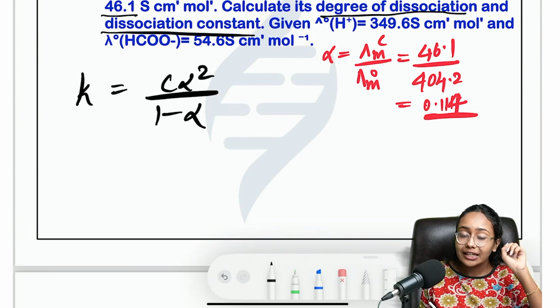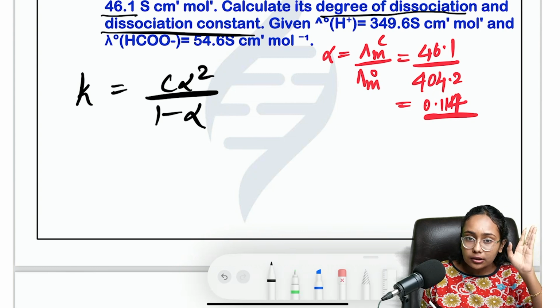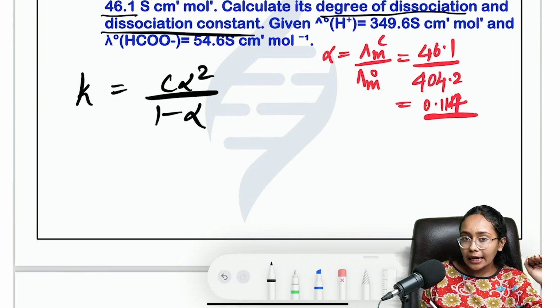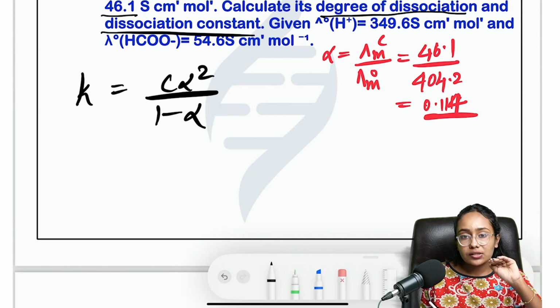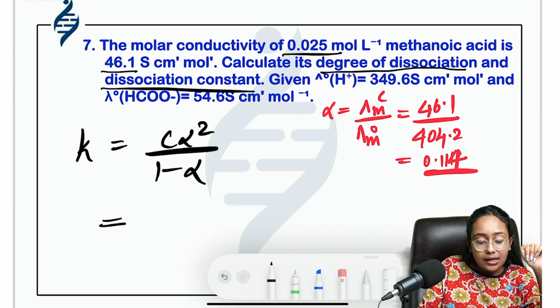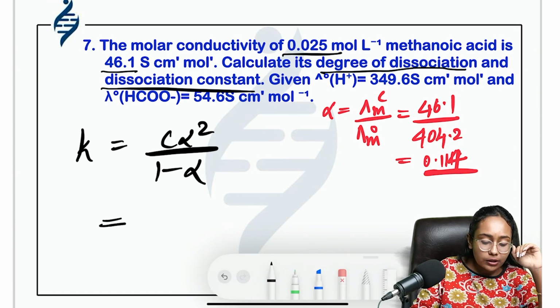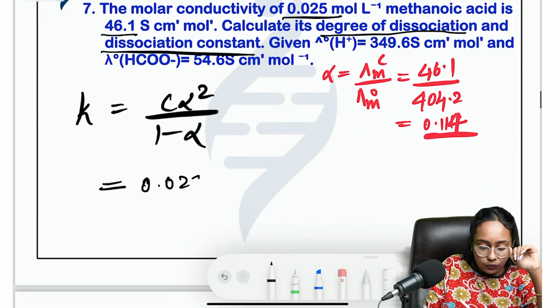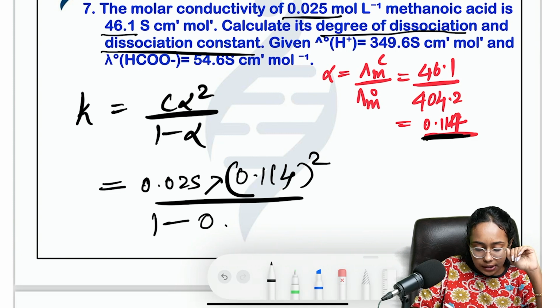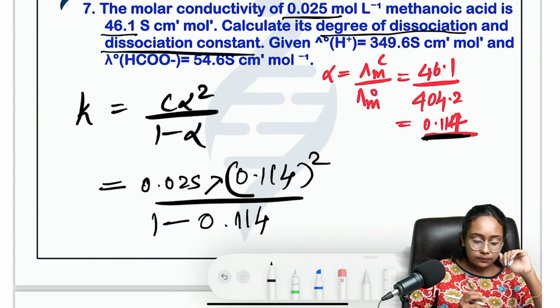The symbol for dissociation constant is K, and the equation is C alpha square by 1 minus alpha. C is the concentration. I've already mentioned the concentration is 0.025. It's already given in the question. So 0.025 into the degree of dissociation 0.114 whole square divided by 1 minus 0.114.